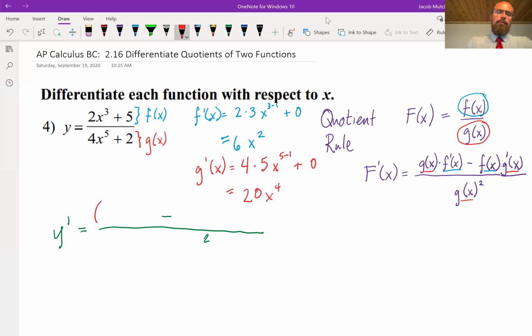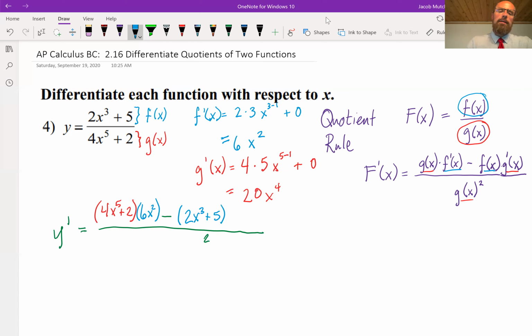So I'm going to put in 4x to the power of 5 plus 2. And then we're multiplying that times the derivative of f of x. So that's that single term, 6x squared. The next term in the numerator is minus something. That something starts with the original f of x. So I'm going to write 2x cubed plus 5.